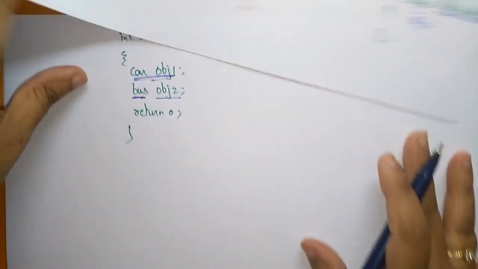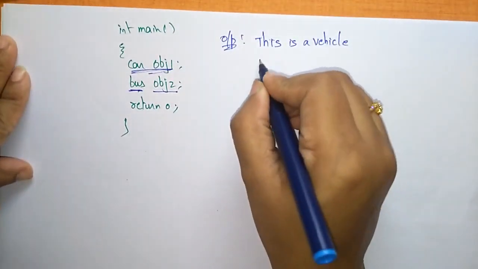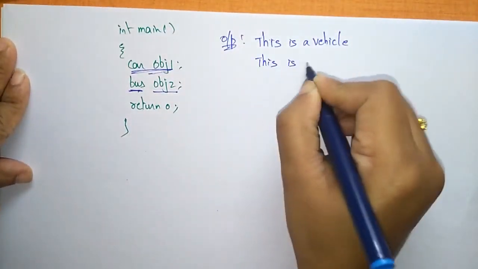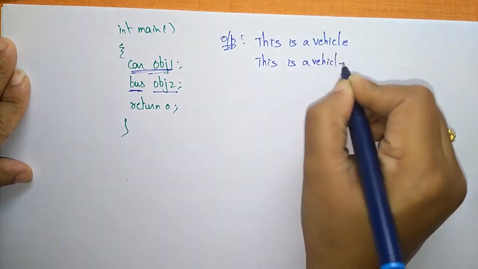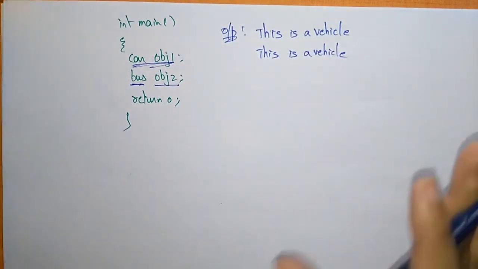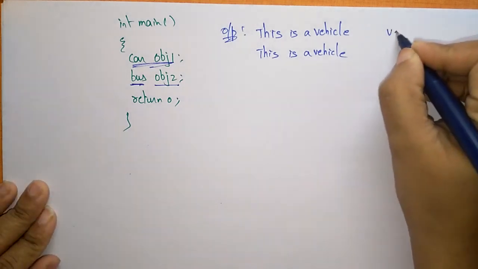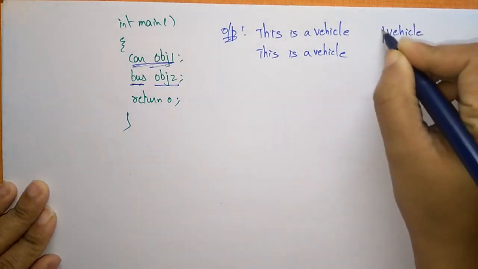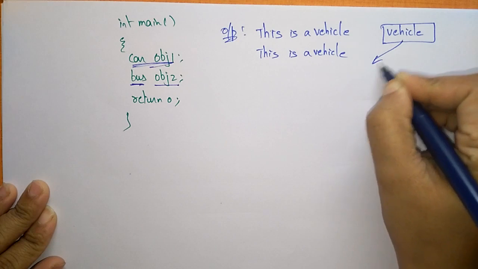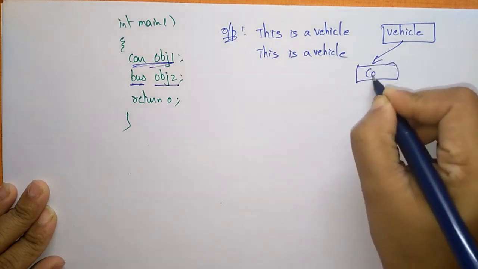Again the output for obj2 is this is a vehicle. So this is the output for the hierarchical inheritance. Vehicle is the base class, and car and bus are its subclasses.